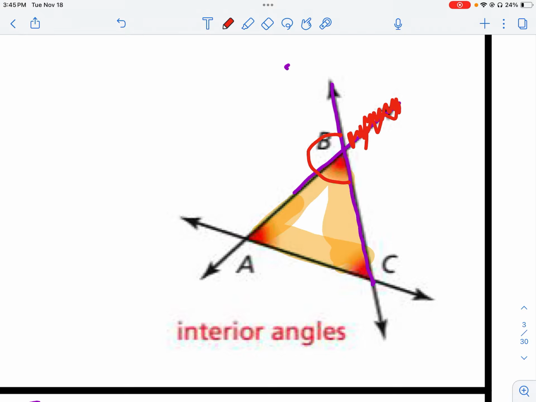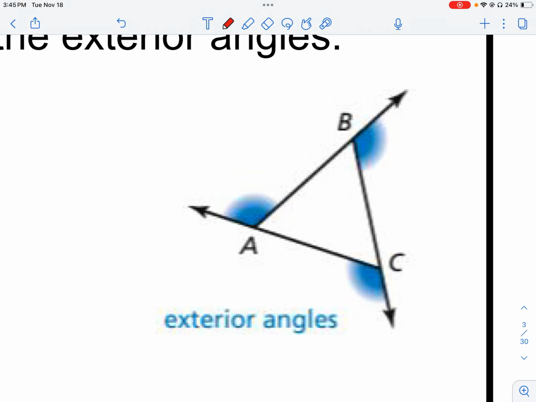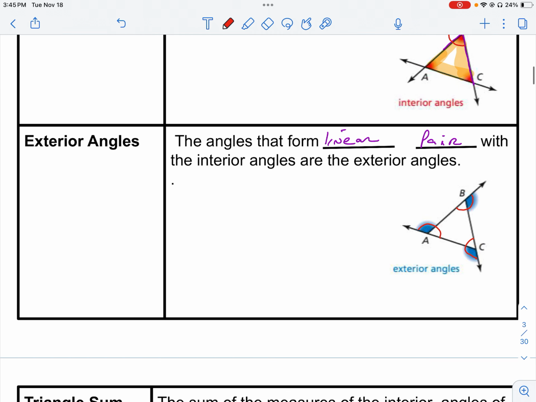We are not going to use this second one. We're only going to use one. That's what we have here. This is a linear pair. So those are what we're going to use when we talk about exterior angles.